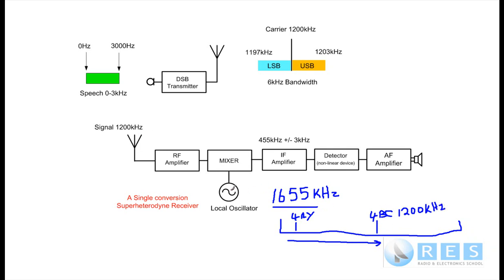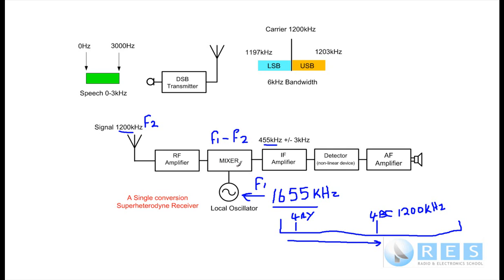But when we do that, we're actually putting the local oscillator on 1655 kilohertz, because of the difference between the incoming signal and the local oscillator when they mix in there. If we call the local oscillator F1 and the incoming signal F2, then one of the mixing products, F1 minus F2, that is 1655 minus 1200, is going to be 455 kilohertz.